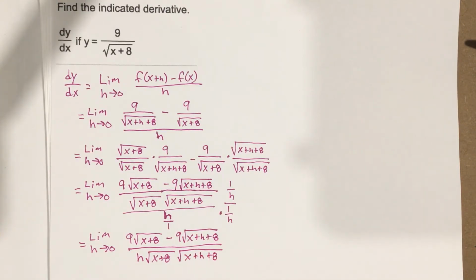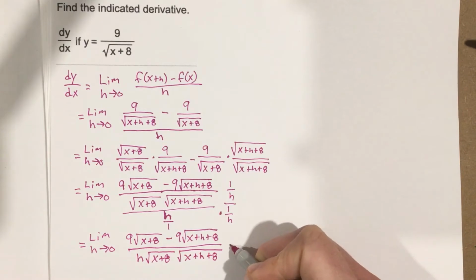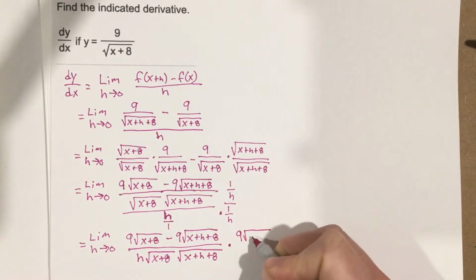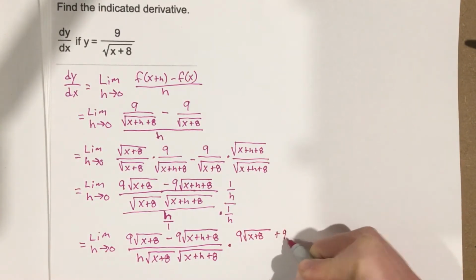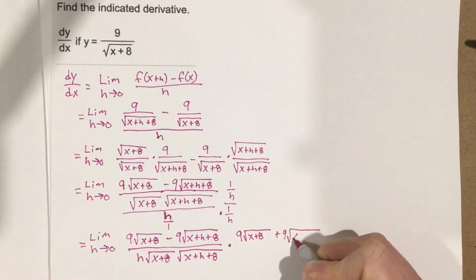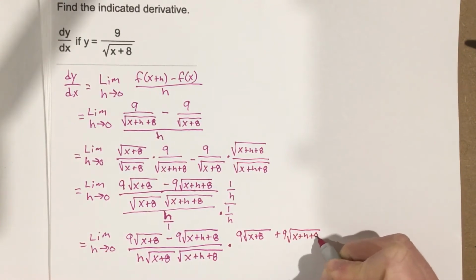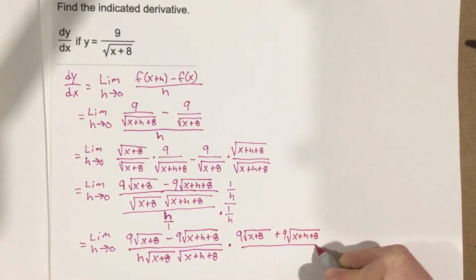Now I'm going to multiply by the conjugate. So I'm going to multiply the top by 9 root x plus 8 plus 9 root x plus h plus 8. Do the same thing to the bottom.